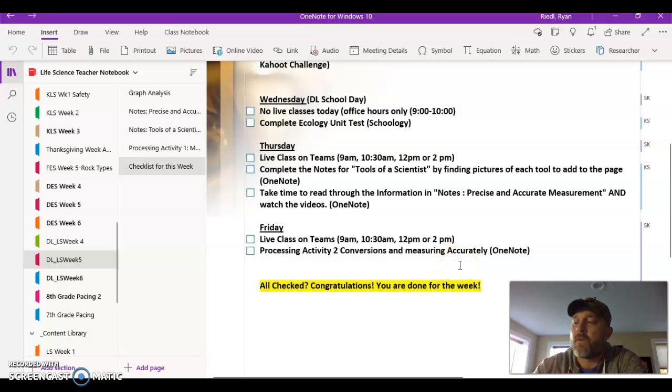Okay, boys and girls, for this week, we are talking about lab equipment, and we are talking about measurement. So you need to have a ruler at home with centimeters on it. If you do not, you have 2 choices. You can go out and buy one. They're like $1 at the dollar store, or you can go to the school on Monday or Tuesday from 7 a.m. to 3 p.m. and pick up a ruler.